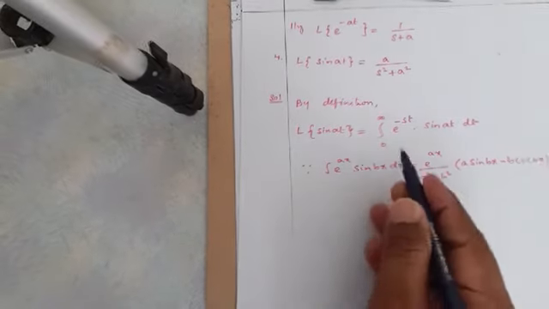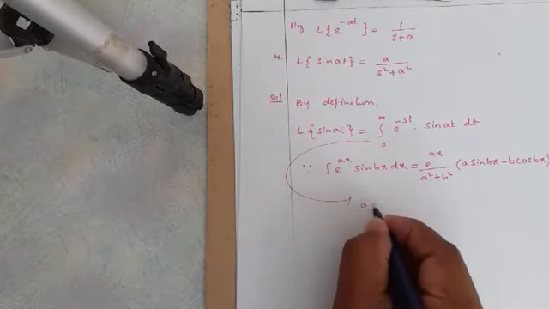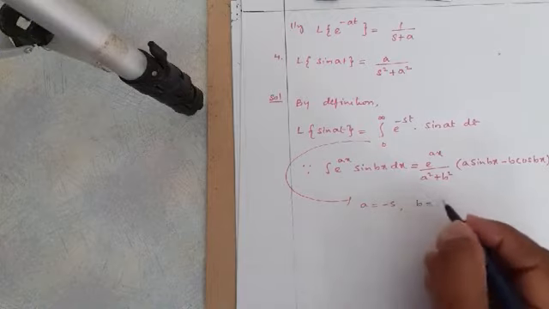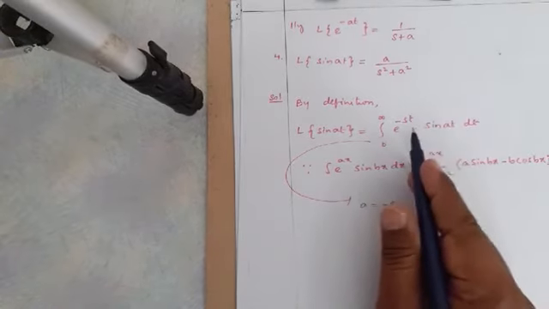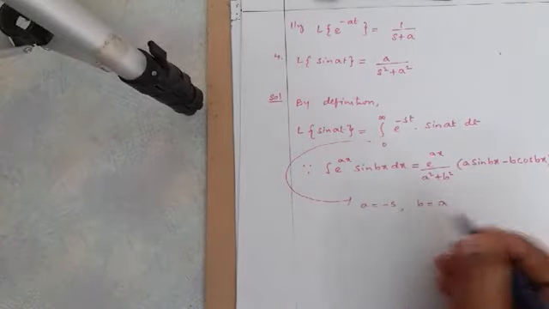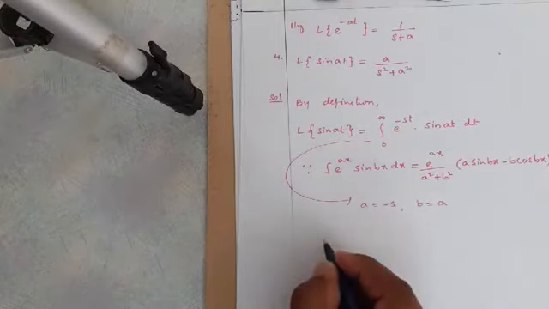As you see here in this problem, a is nothing but minus s. The same way, x is nothing but t, so b will be what? a. So now when you substitute in the formula, let us see what you get.